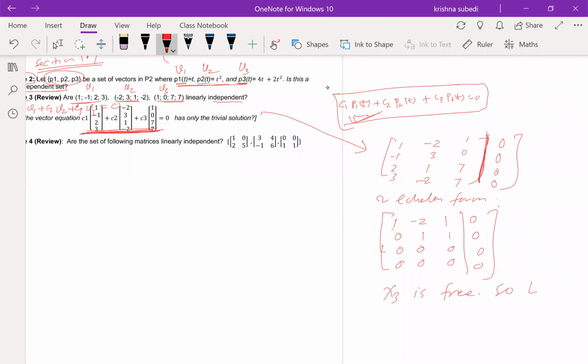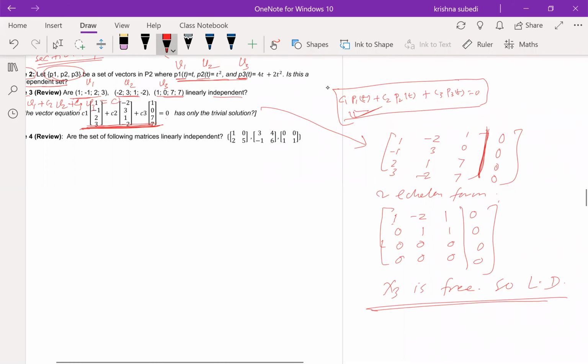So linearly dependent. If there is a free variable, linearly dependent. That's what we discussed, right? Free variable, linearly dependent. No free variable, again, the system must be consistent. That's one of the conditions. Consistent and free variable, linearly dependent.